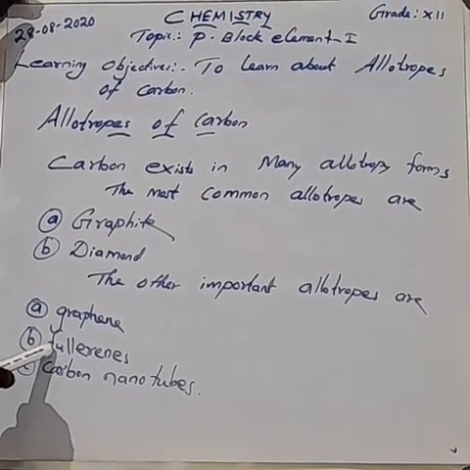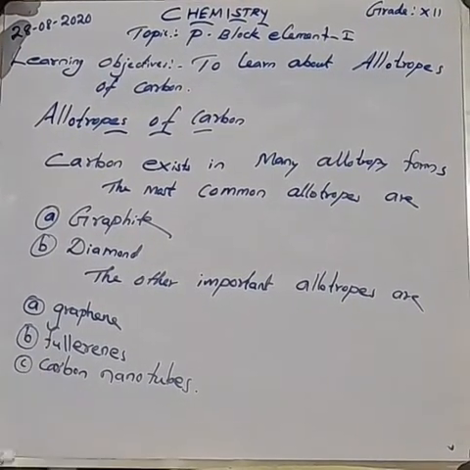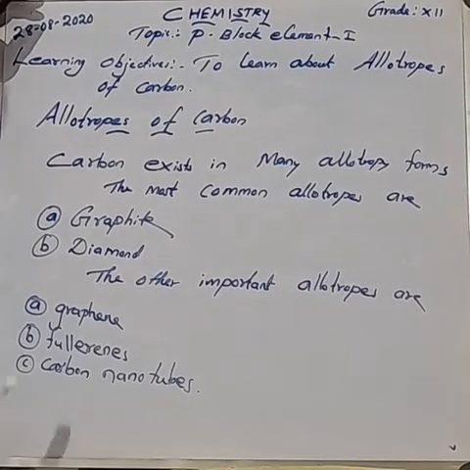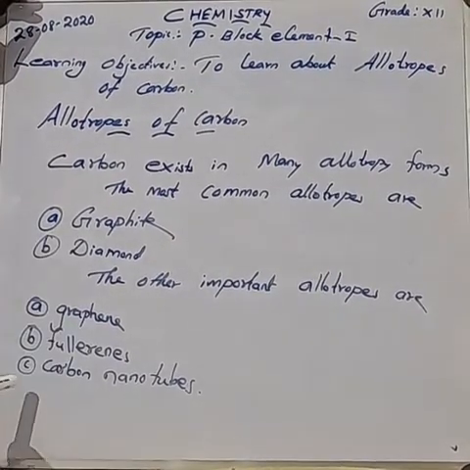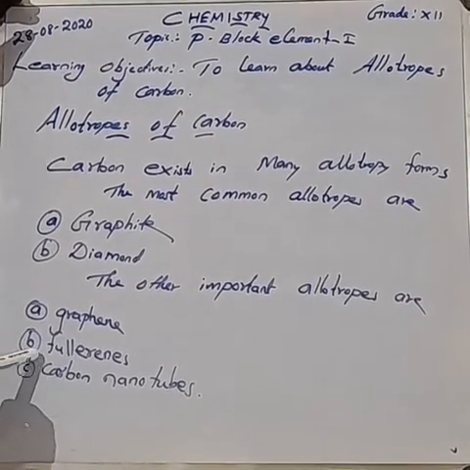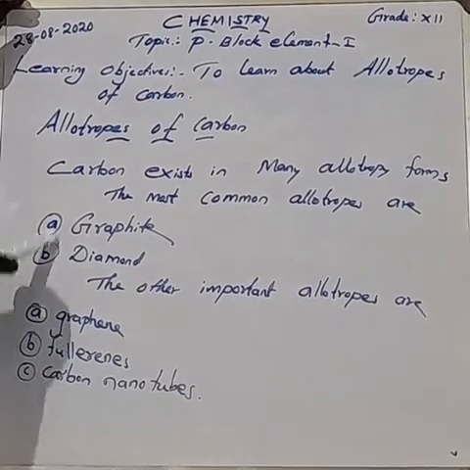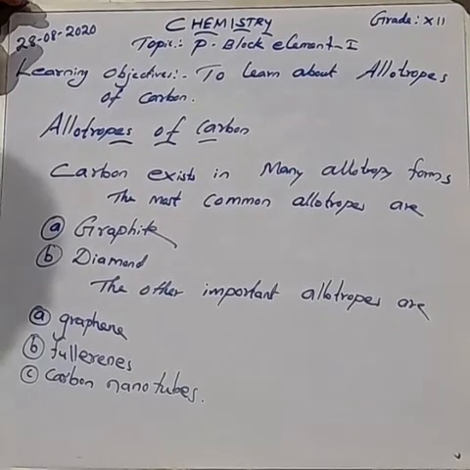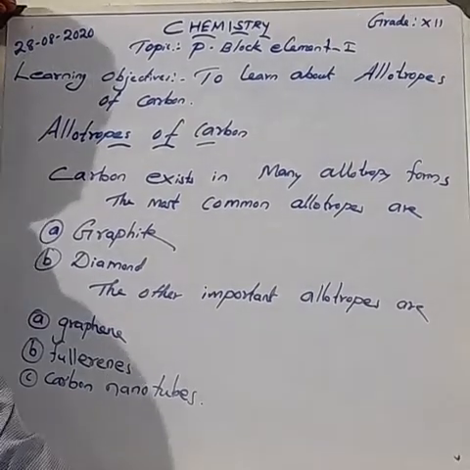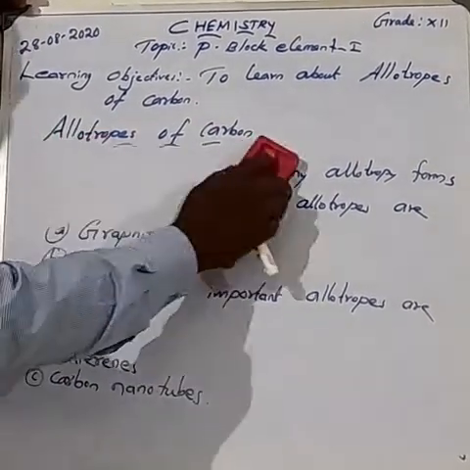We should learn each one as a subheading: graphite, diamond, graphene, fullerene, nanotubes. Each is a subheading for a 3-mark question, so you should learn each and every one. First one, graphite.